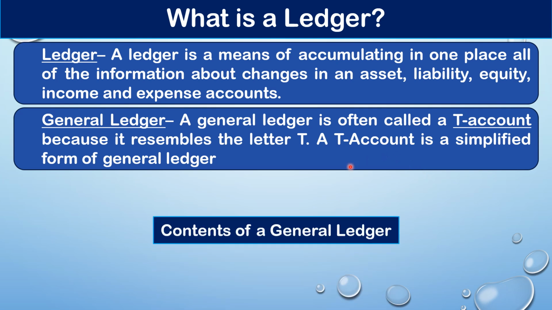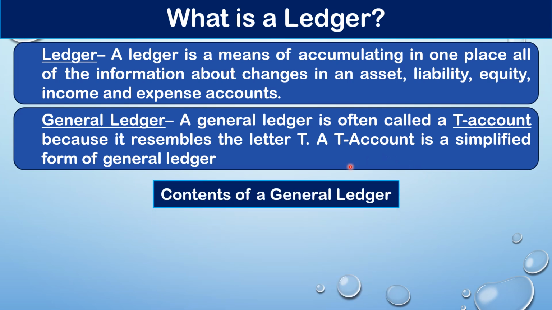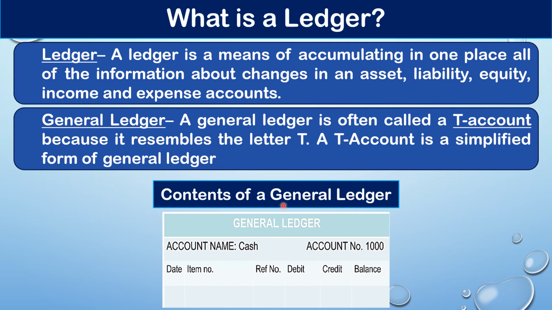Okay, so for you to have an overview of what a general ledger is, this is its content. There is a heading, general ledger, and the account name. The account name is not something you decide as the owner, but we base it on the chart of accounts. For example, the account name is cash, and the assigned number is 1,000.